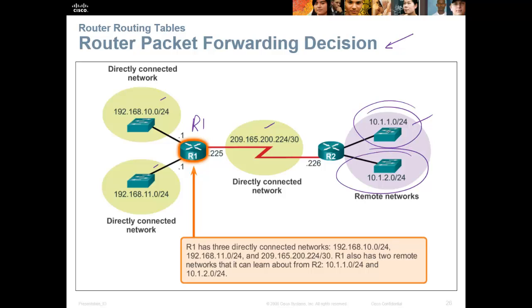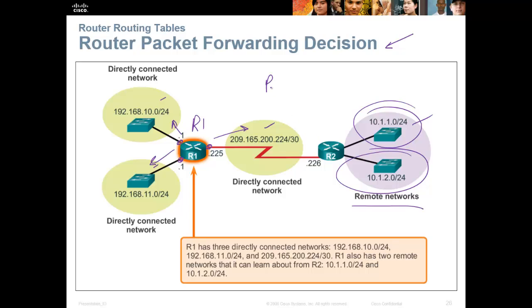Network 10.1.1.0 and network 10.1.2.0. Now, the router doesn't need anything to identify the directly connected networks. It can do so immediately, because they are connected directly to the interfaces on the router, so this is no problem. But for remote networks like these two networks, it needs a routing protocol.